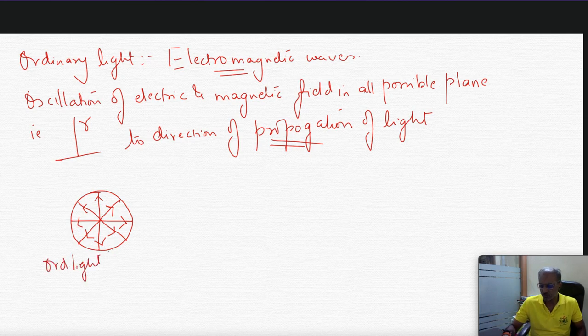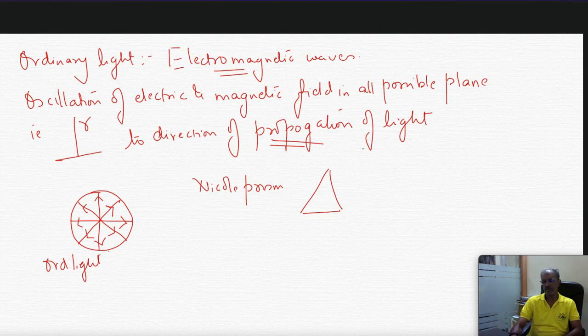Now, there is something you might have read about, called a Nicol prism. A Nicol prism is like a prism. What does this Nicol prism do?